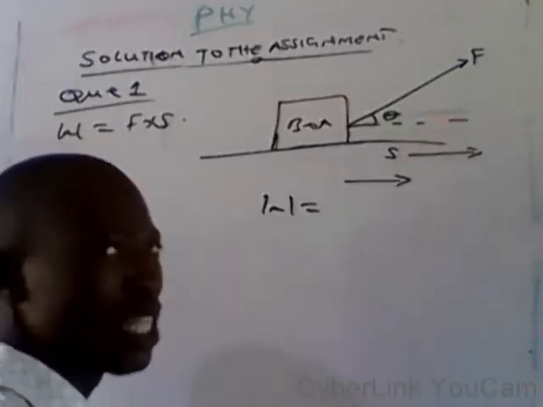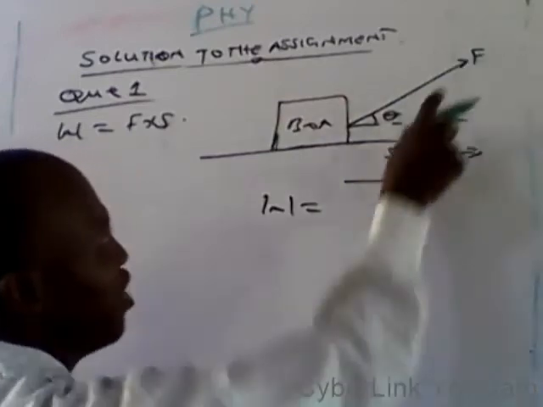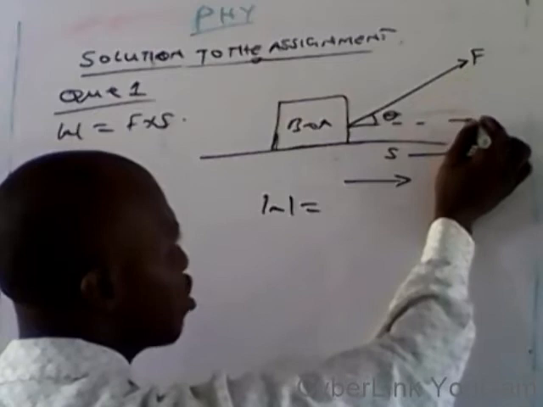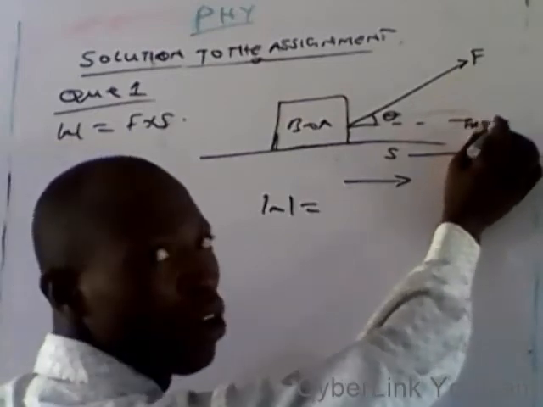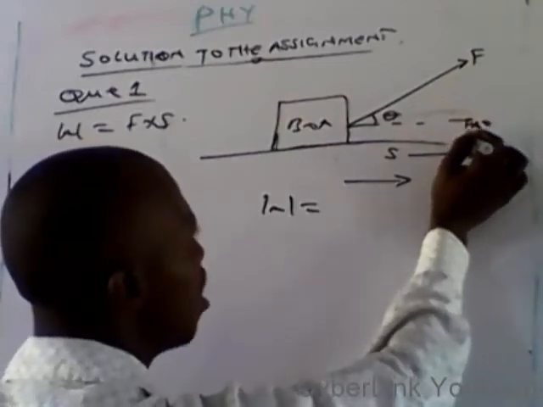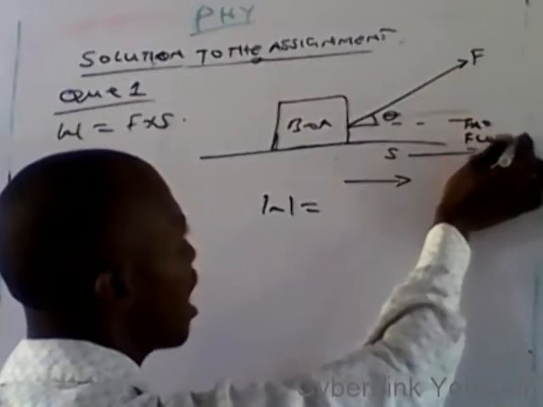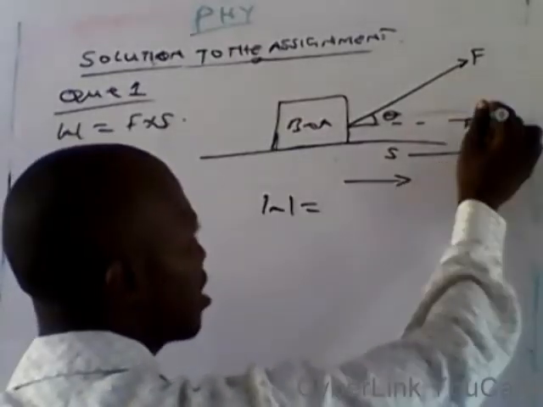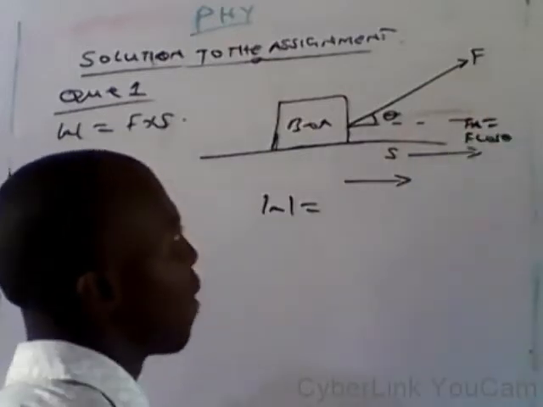Now you find the horizontal component of this F, Fx, so we have Fx equals F cos theta.